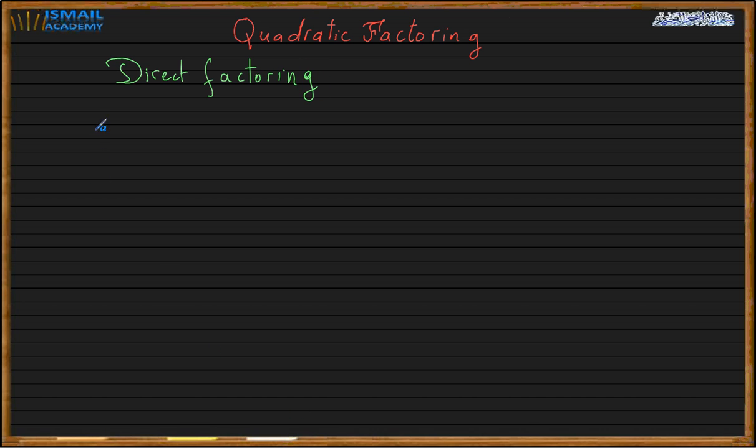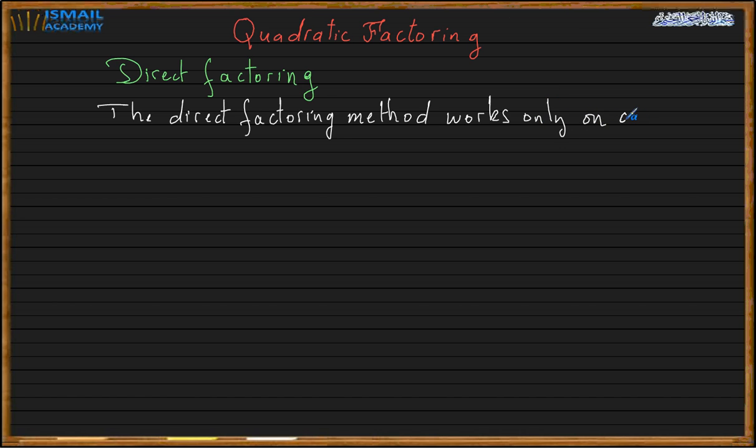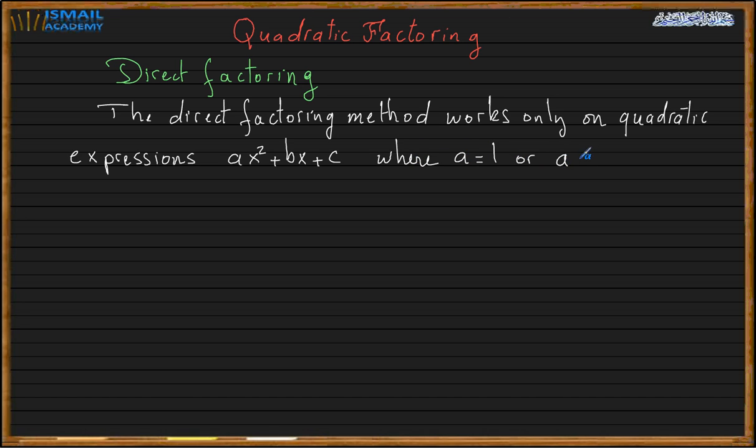The direct factoring method works only on a quadratic expression ax squared plus bx plus c, where a equals 1 or a is a common factor of b and c.